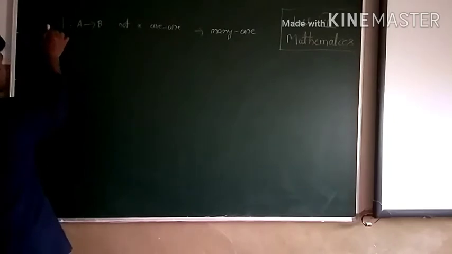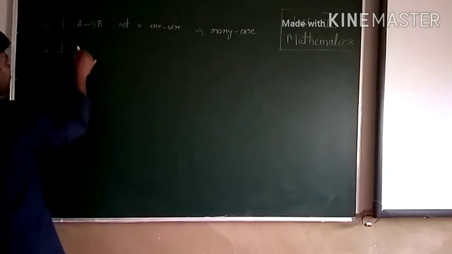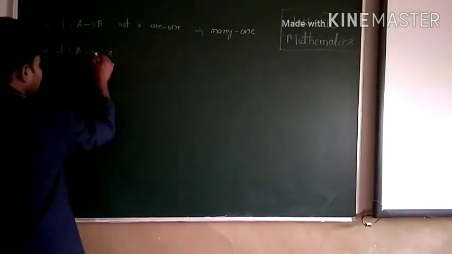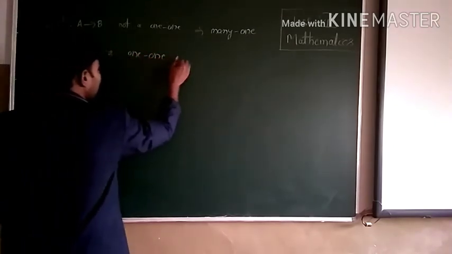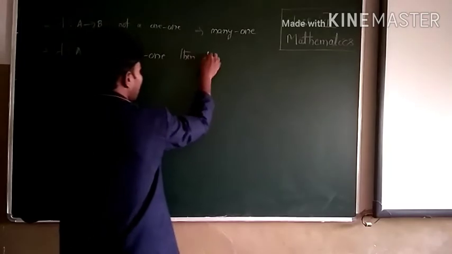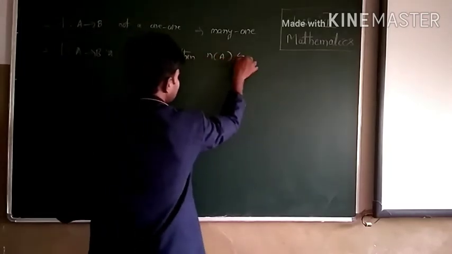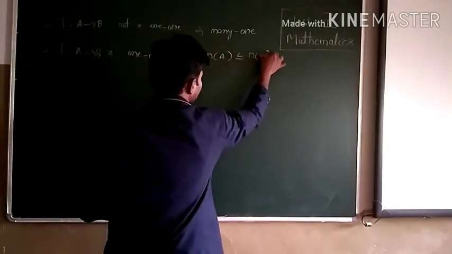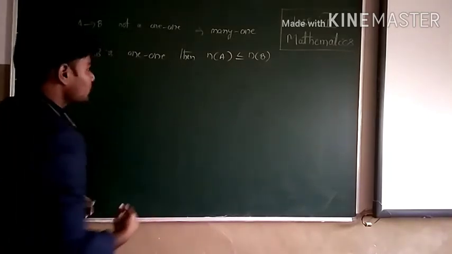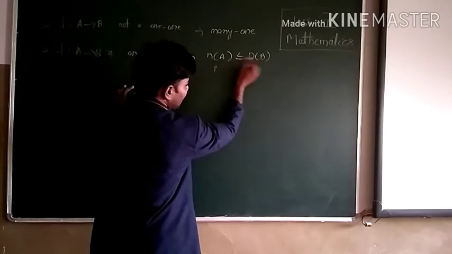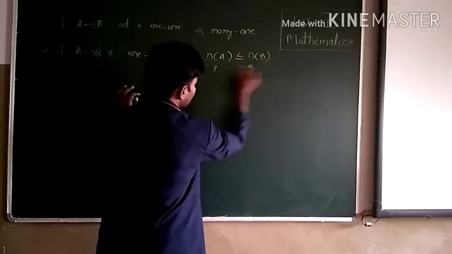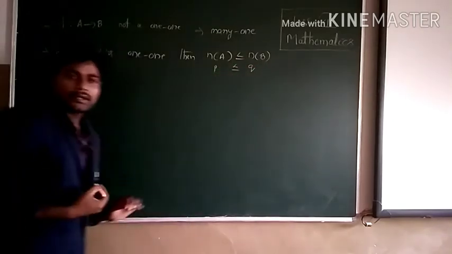And one more point is, if f: A to B is a one-one function, then n(A) is less than or equal to n(B). So I consider the number of elements in A as p, and the number of elements in B as q. Now p is less than or equal to q.